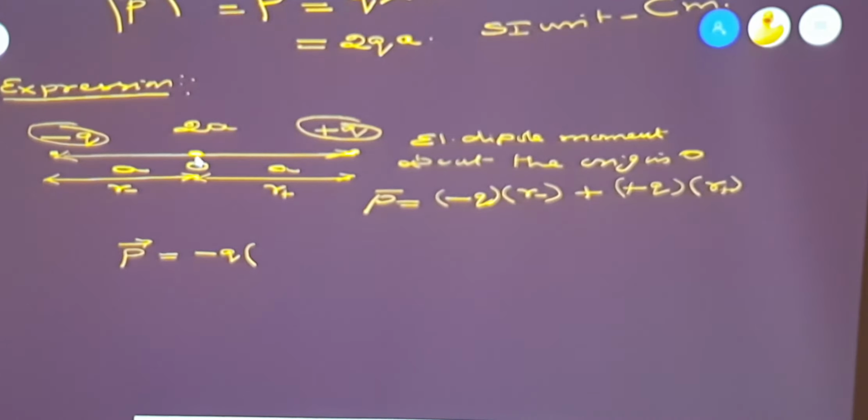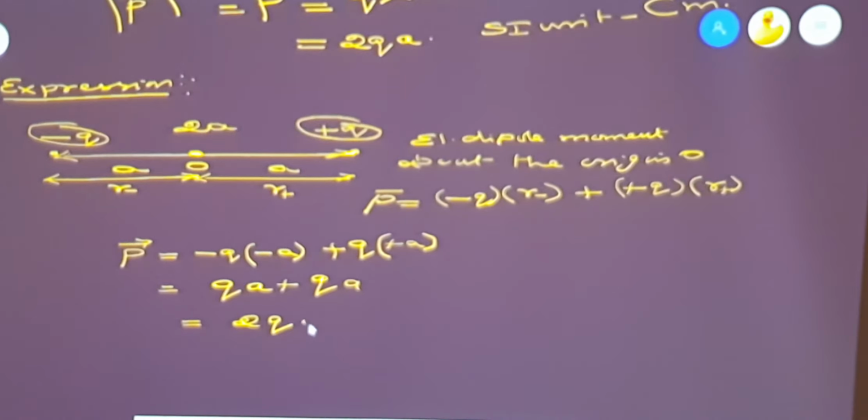Since r minus is along the negative x-axis from the origin, I write it as minus A. Plus Q, and the distance is along the positive x-axis, so plus A. On simplification, minus into minus gives plus, so Q into A plus Q into A, and I get the answer 2QA. Along what direction? Along the x-axis, along i cap.